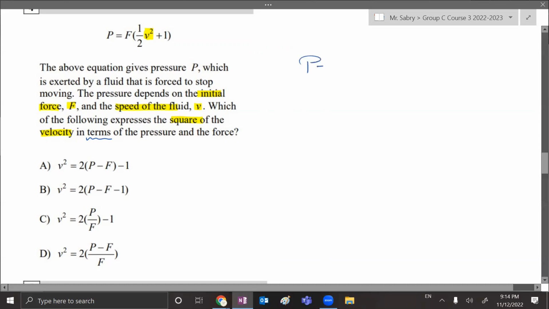So I'll write the equation over here and then I'll start the distribution process and so on. Now there's more than one way we can go through this. You can actually move the F first to the other side right away by division. So I'll have P over F equals half V squared plus 1. And then move the positive 1 to the other side by subtraction.